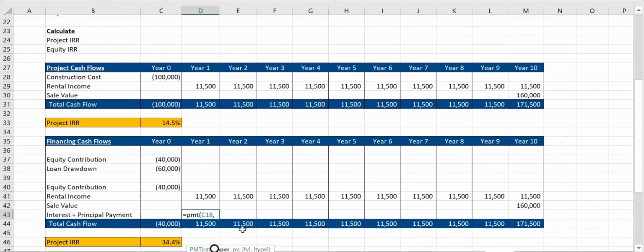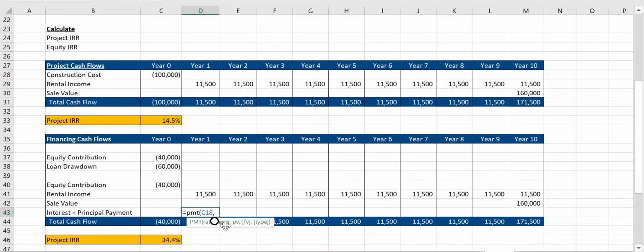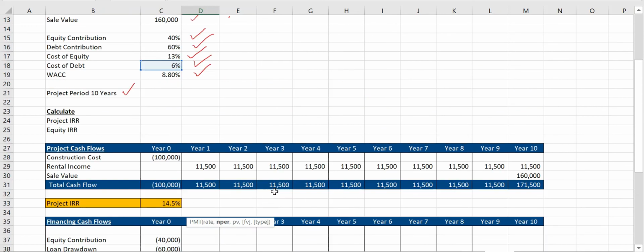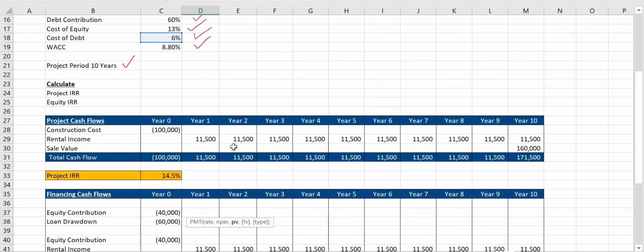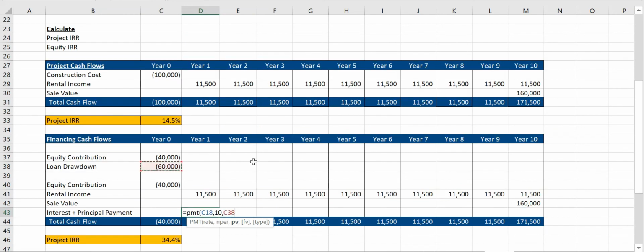Then you need to take the NPER, which is the number of years: the project period is 10 years. The present value of the loan is 60,000. So that will be how much?